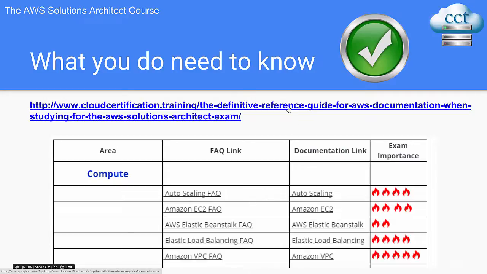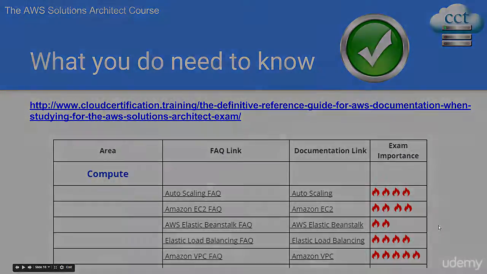Also, when you go to this blog, you'll be able to click on these links to the FAQs for each service, and there's also a documentation link for each service. And over here I have put the importance I think each service has in the exam. For example, VPC, five little fire things, meaning very, very important. Elastic Beanstalk, not that important. You get the idea.